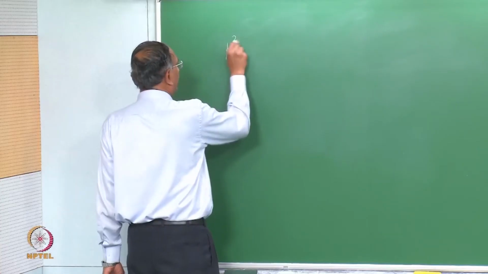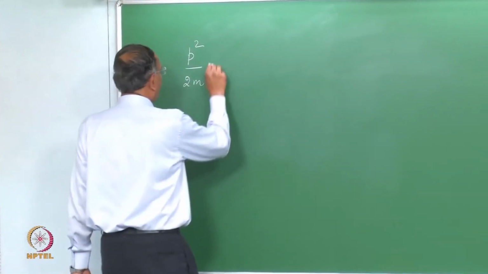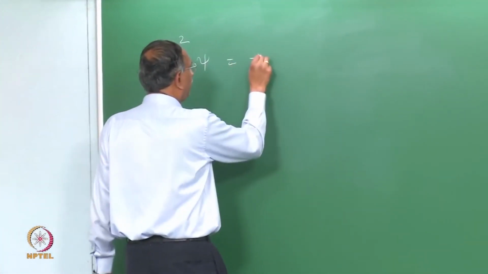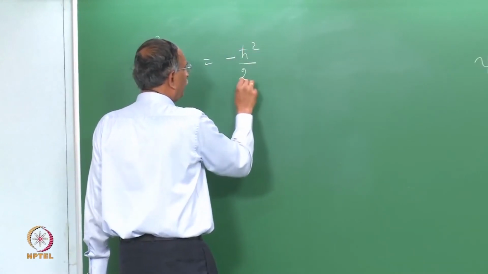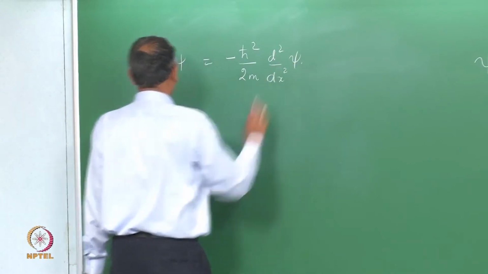Therefore, if we write the kinetic energy p squared by 2m psi, that turns out to be minus h bar square by 2m d square by dx square psi.